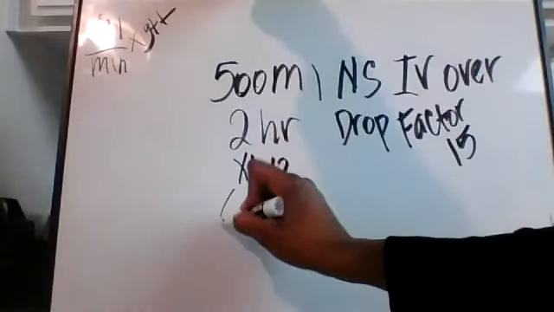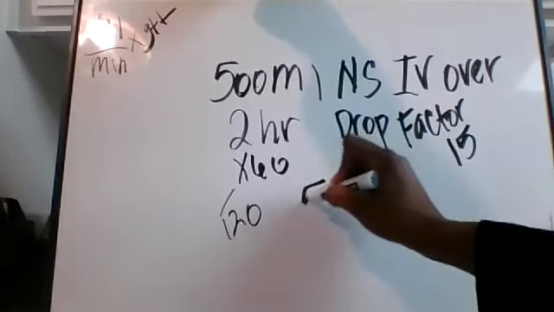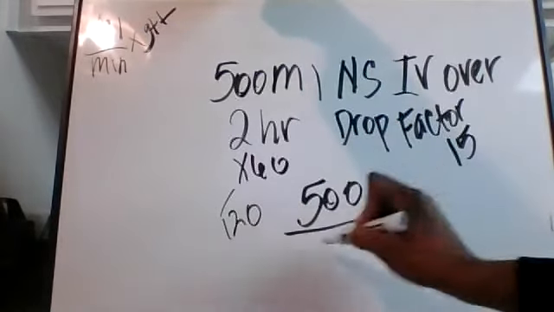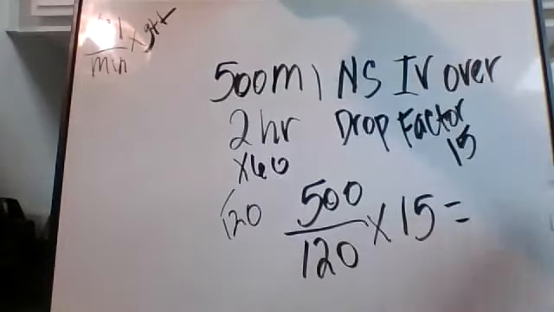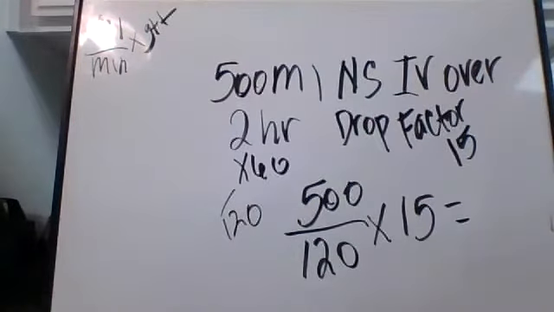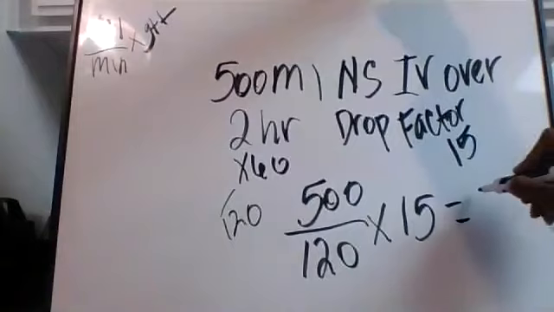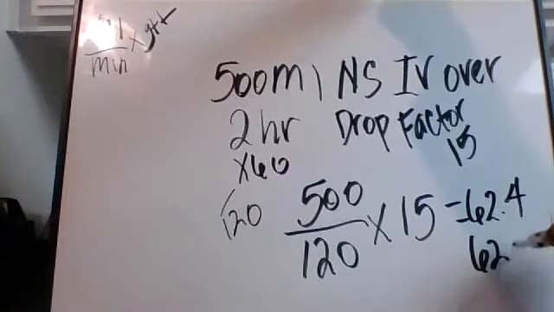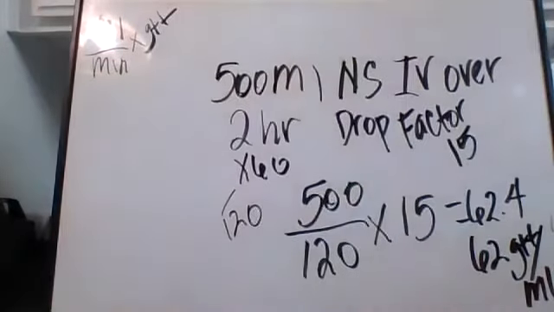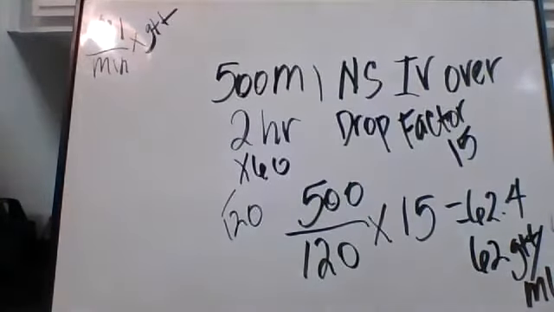So we take our 500 milliliters divided by 120 times the drop factor, 15, and it is 62.4. Okay, so it's 62 drops per minute. Okay, that is this one. So let's do another one.